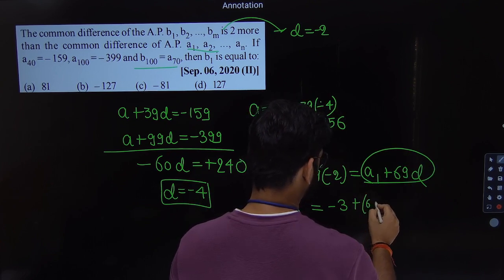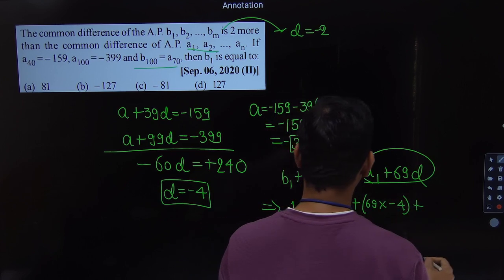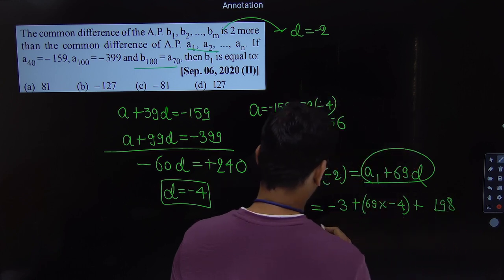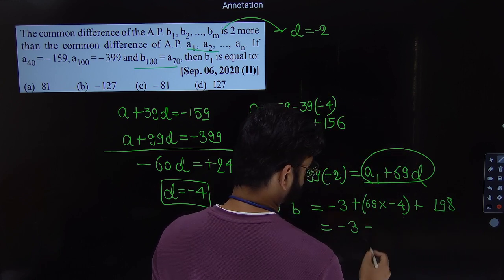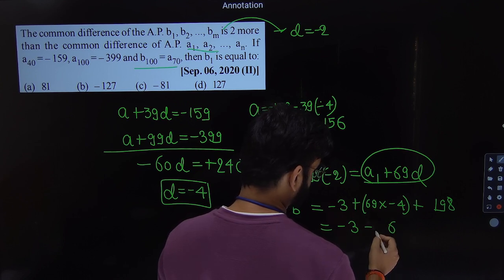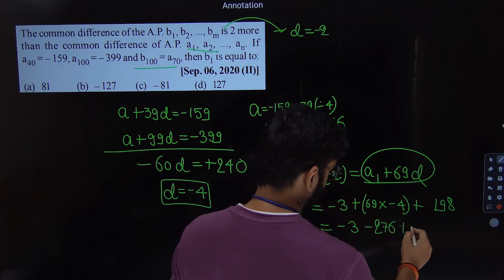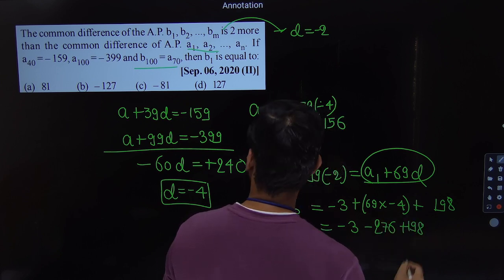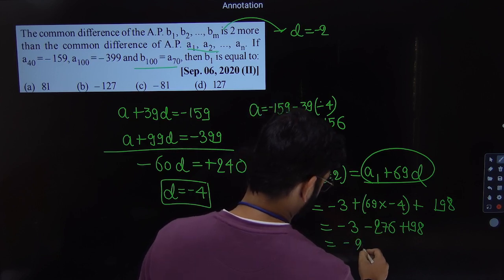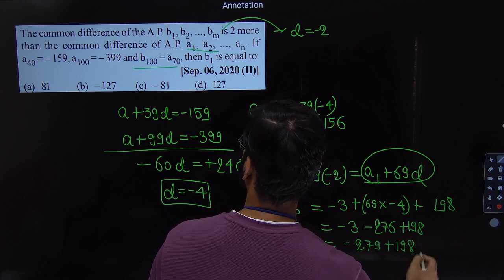So plus 69 into minus 4 plus 99 into 2. 2 nines are 18, 198. So minus 3, 4 nines are 36, 4 sixes are 24. The option matching?